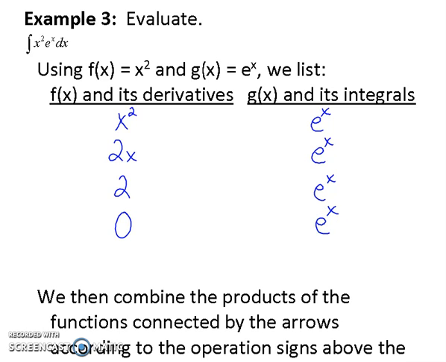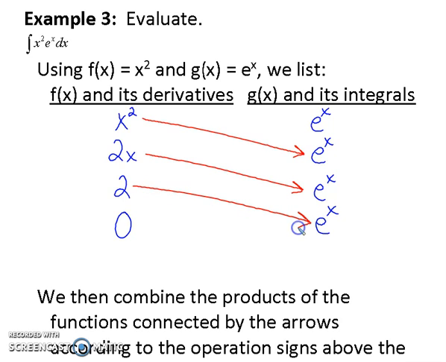So then, here's the tricky part. This is what you do. You're going to make connections from the top row in F to the next row down in G, like so. Then you're going to put a positive, a negative, and a positive. And the signs always start that way, positive, negative, positive.